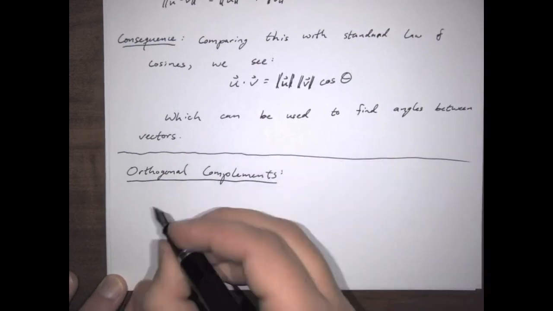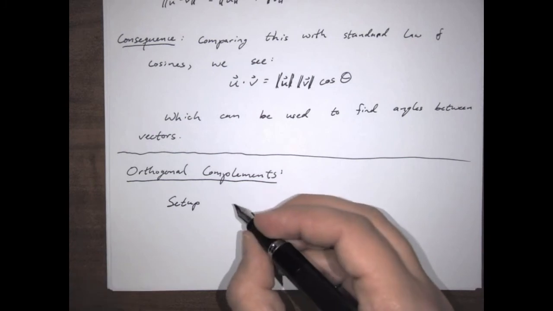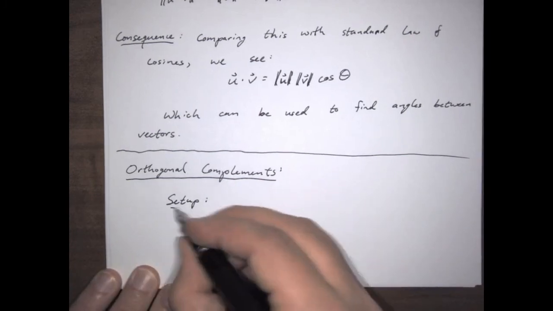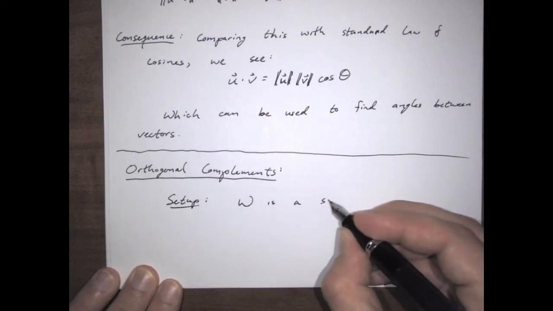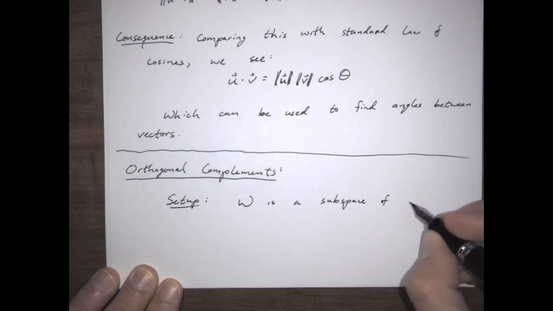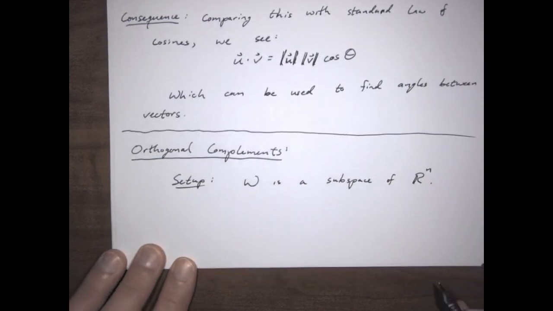So the setup here is that W is a subspace of Rn.